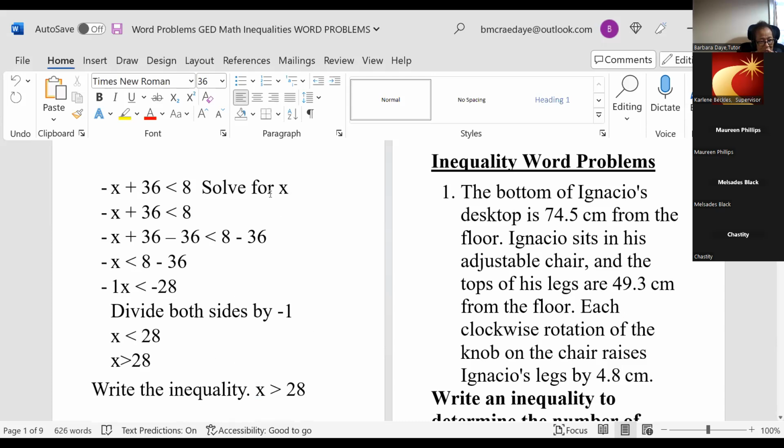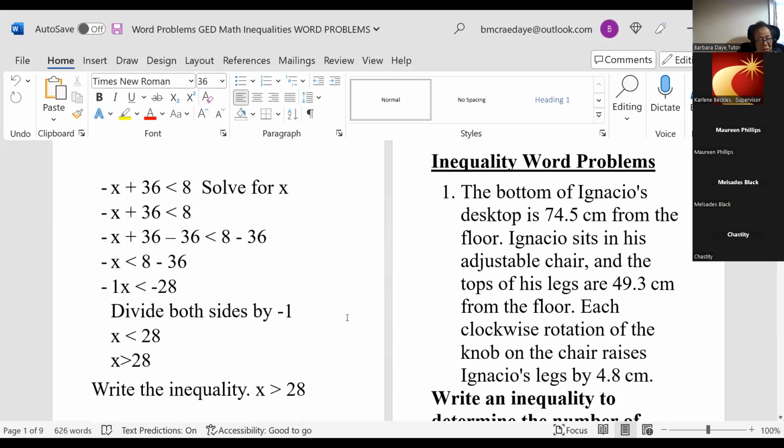So this was a single step inequality, but you had a reversal of the sign because you divided by a negative. Anytime you divide or multiply by a negative, you reverse the inequality. So that less than becomes greater than.